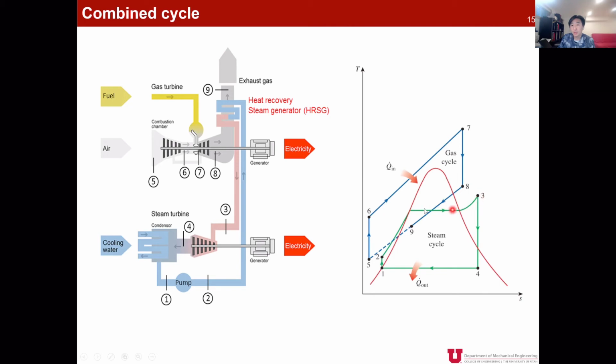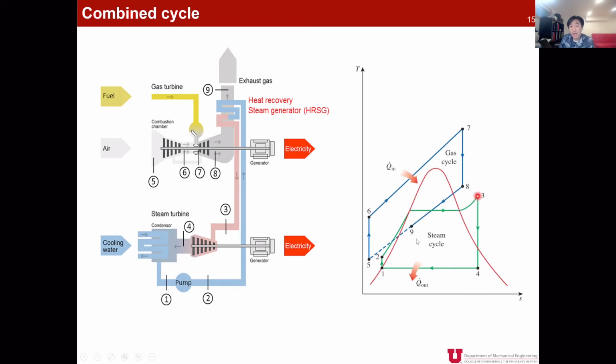Okay, then how can you do it? By transferring heat from the gas to the steam at the HRSG. So while this gas temperature goes down from 8 to 9, which is at the exit of the HRSG, your water can increase its temperature, change its phase, and even become superheated steam.